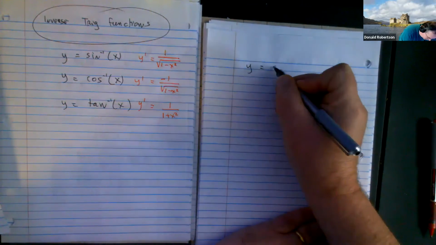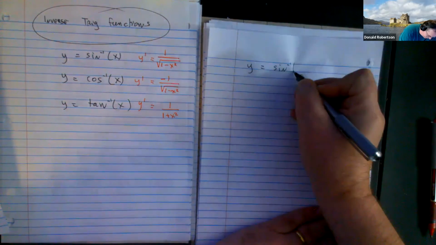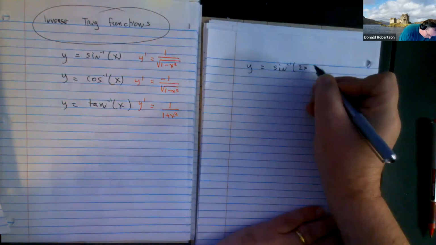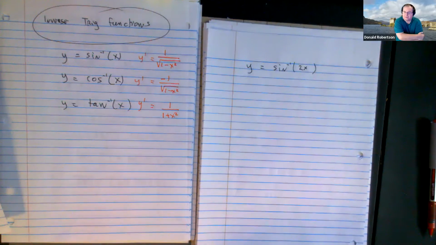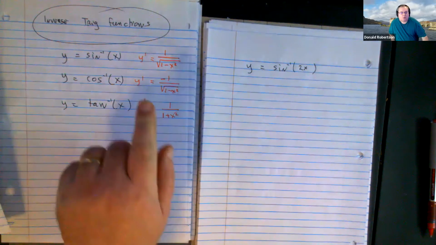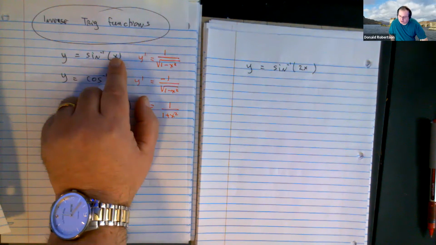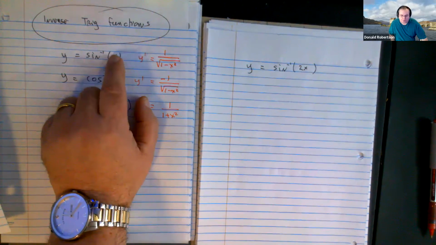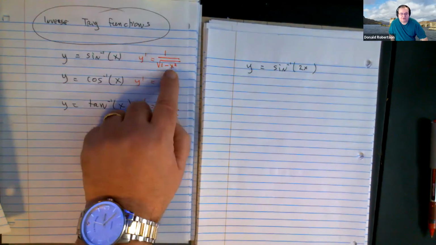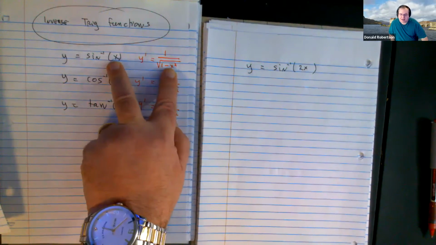Suppose I wanted to find the derivative of the inverse sine of 2x, the inverse function of 2x. It's a chain rule. I want you to think of this x here, not so much as an x, but as a placeholder. In other words, where you put stuff, right? So this x and this x will be the same thing.